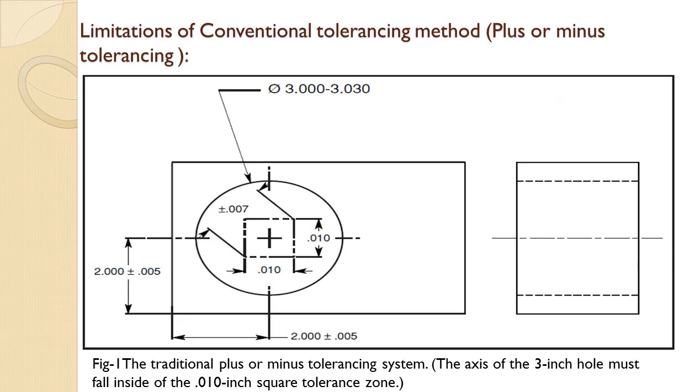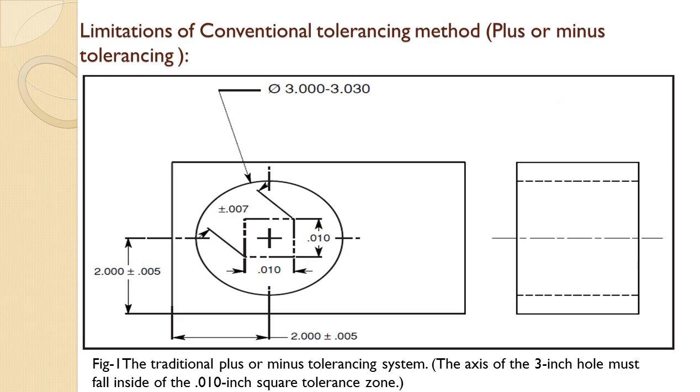In figure 1, from left to right and top to bottom, the tolerance is plus or minus 0.005. Across the diagonals, the tolerance is plus or minus 0.007. By using Pythagoras theorem, we can find the diagonal length. Diagonal length equals the square root of 0.010 squared plus 0.010 squared. We will get 0.007. So diagonally we have more tolerance.